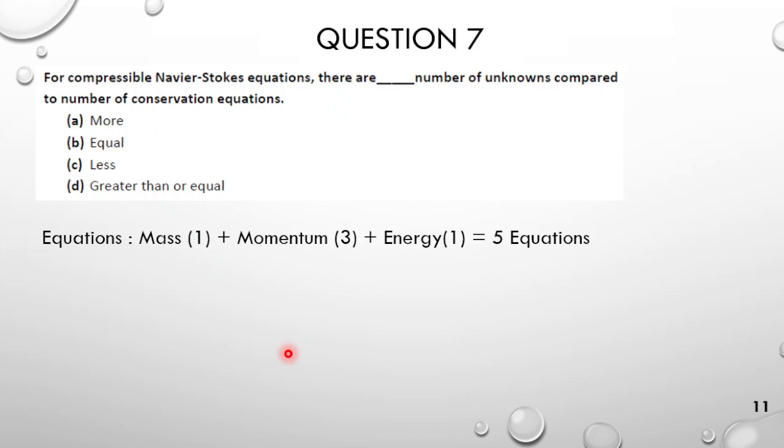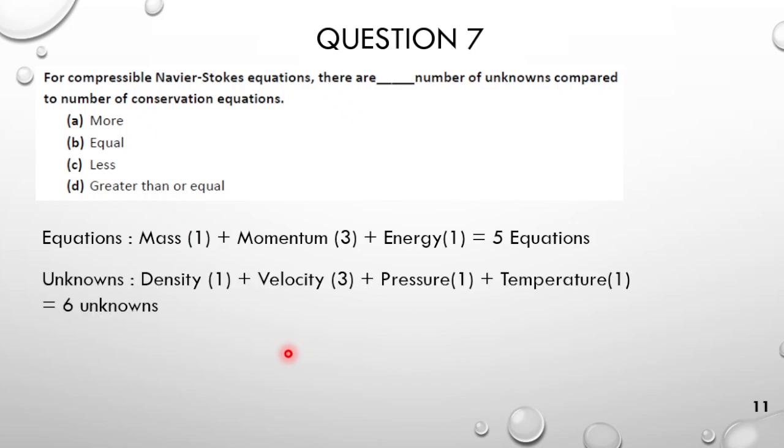Pressure, if you say it comes in terms of energy, but temperature is again an unknown. So you totally have 6 unknowns, which can be seen in this slide.